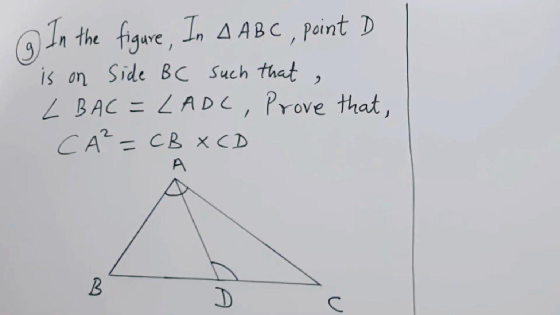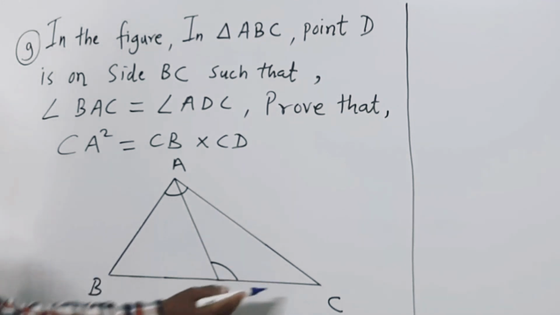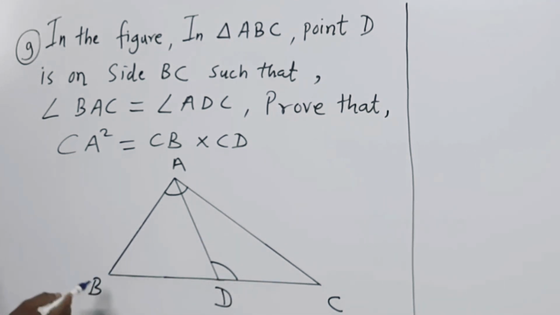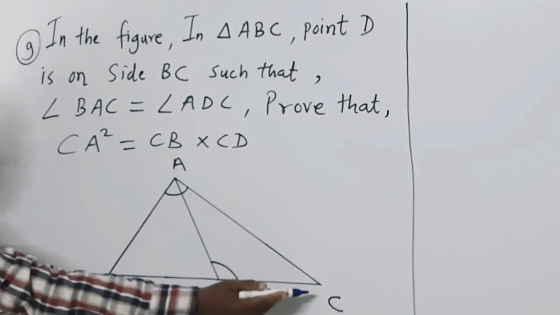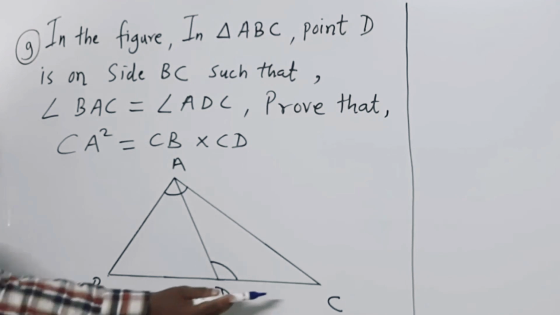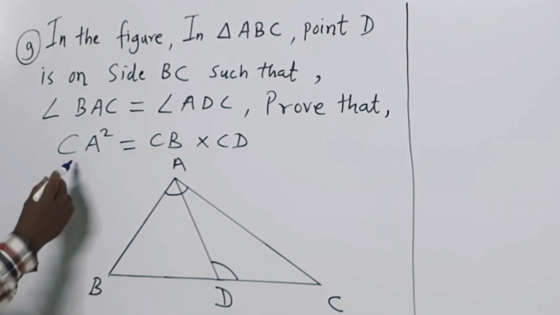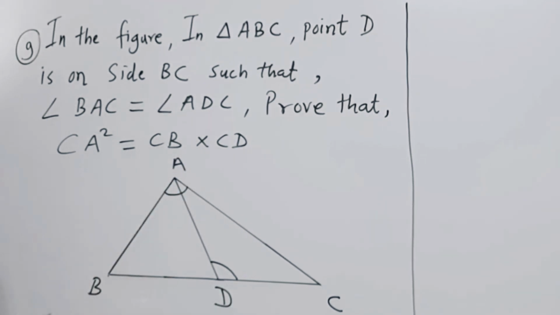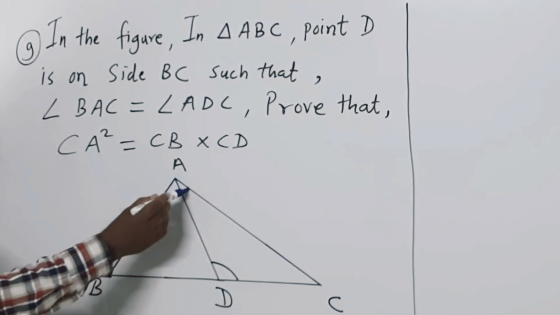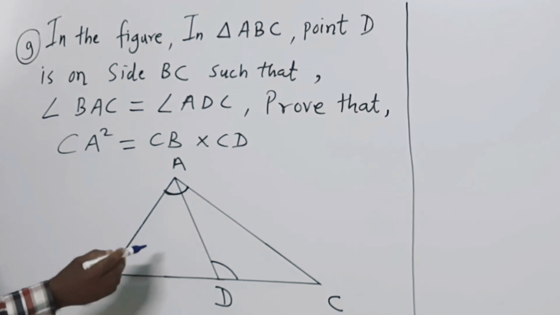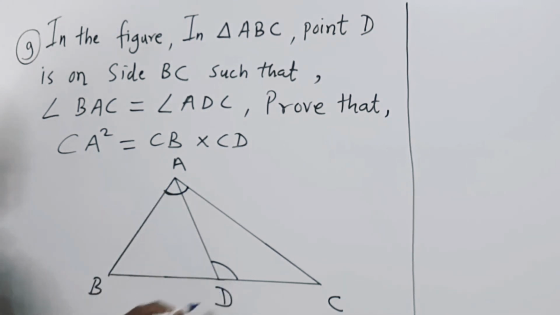Ninth example. In the given figure, in triangle ABC, point D is on side BC such that angle BAC is equal to angle ADC. You have to prove that CA square is equal to CB into CD. Now here in triangle ABC, angle BAC is congruent to angle ADC, given.